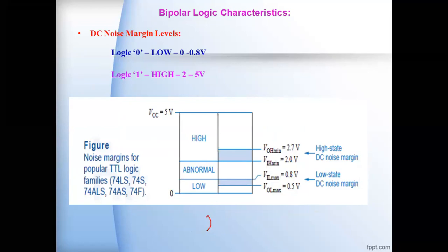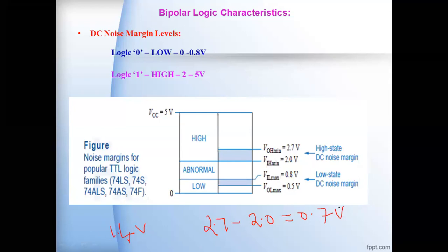For the BJT logic, it is 0.7 volt. And if you remember, for CMOS this value is 1.4 volts, double this value.